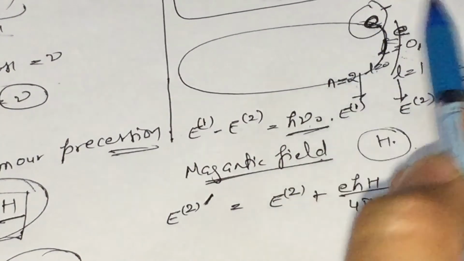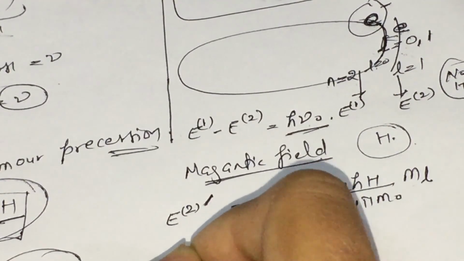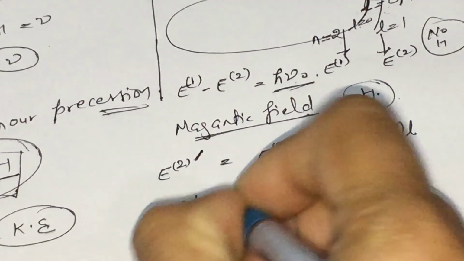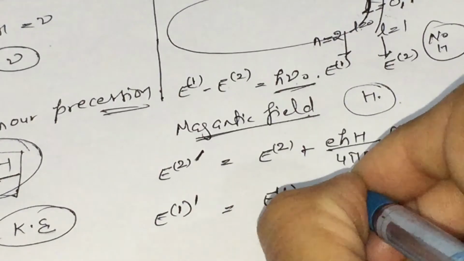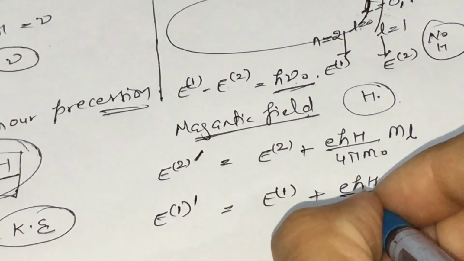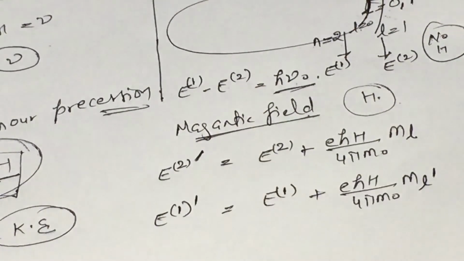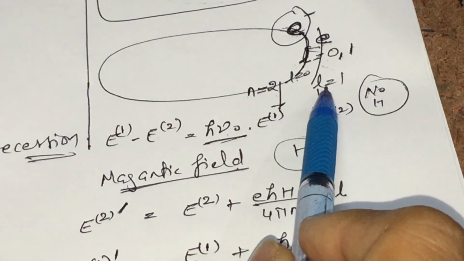That happened to the first electron also, that is moving with energy E1. Now it is moving with energy E1 dash, and the energy will change by an amount EHH upon 4 pi m naught. Here we are taking it as ml dash, because in both the cases L is equal to 1.